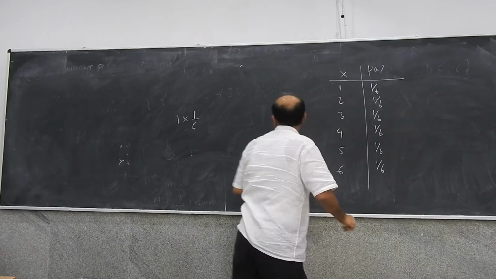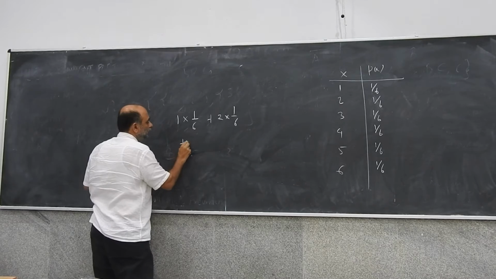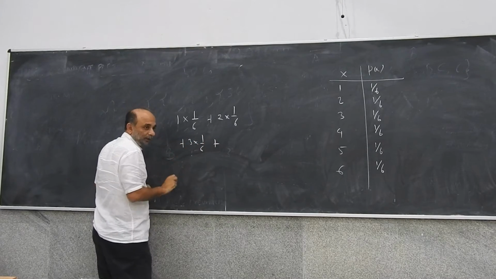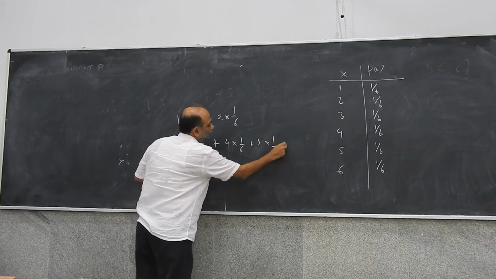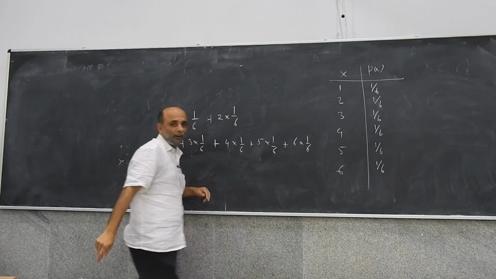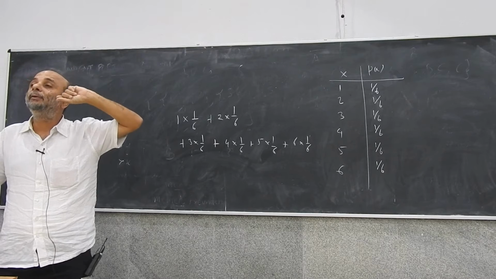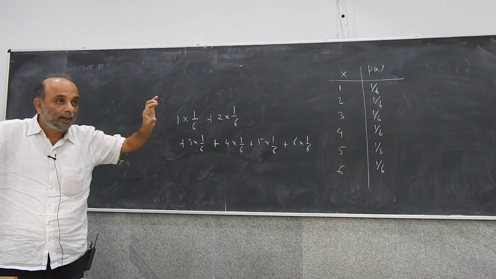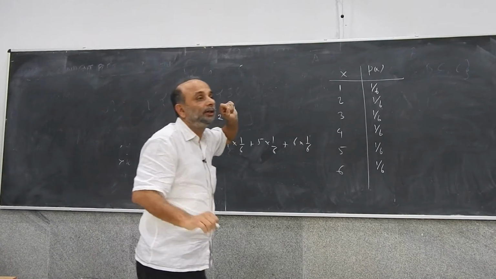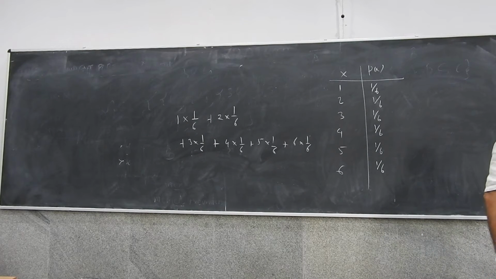So multiplied, plus 2 into 1 by 6, 3 into 1 by 6. What have I done? I have taken each value of the random variable, multiplied that with the associated probability and summed up. Yeah? That object is very important in statistics and we will spend a lot of time learning about it. That object is called the expected value of the random variable.